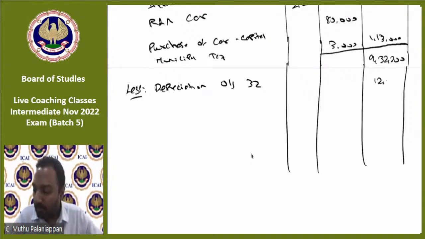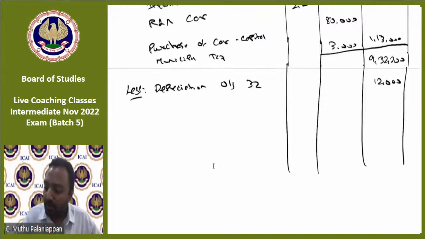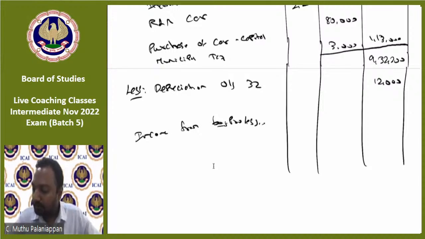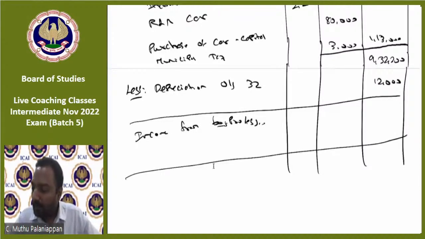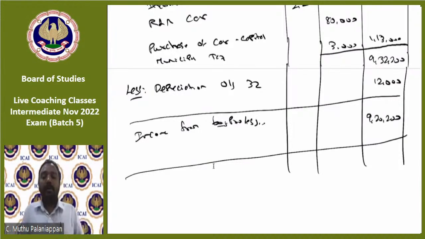So 12,000. If you reduce this 12,000, you get your income from business, income from profession. How much is it? Income from profession is 9,20,200. So that's what your income from business is.